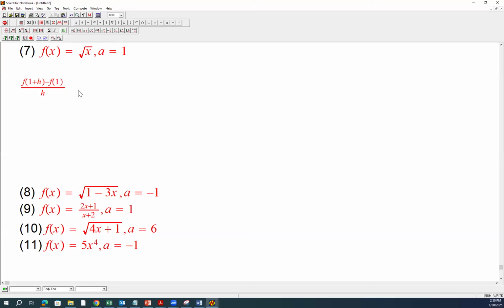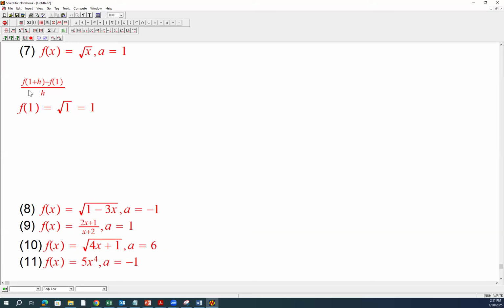What is f of 1? f of 1 is the square root of 1, because when x equals 1, it equals 1. What is f of 1 plus h? f of 1 plus h is equal to root of 1 plus h.